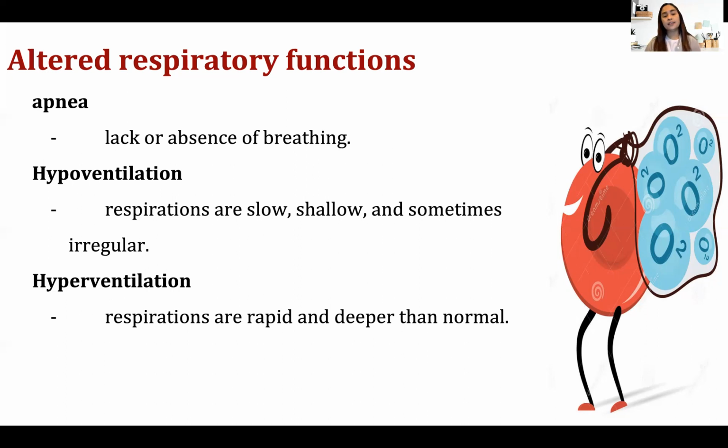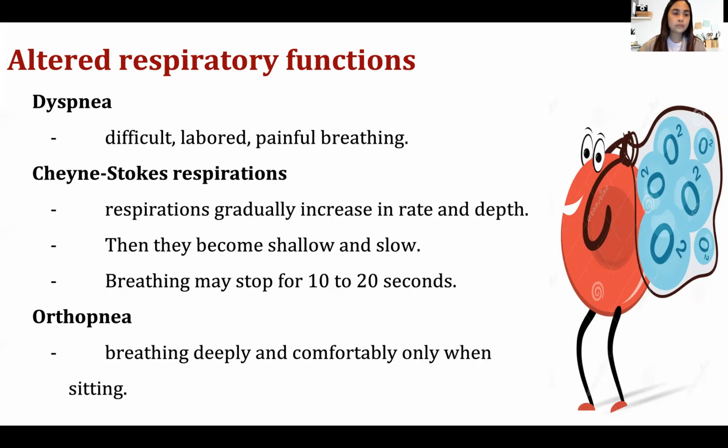However, hyperventilation is rapid and deeper. Dyspnea: if you see DYS at the beginning of a medical term, it refers to difficulty. So it is difficult, labored, painful breathing.